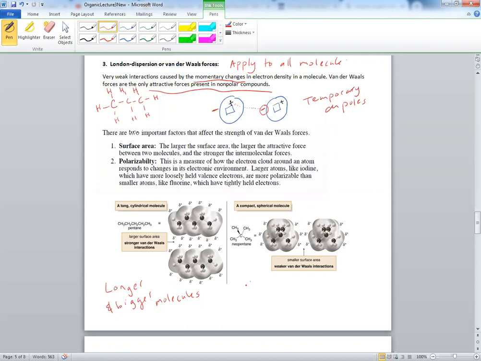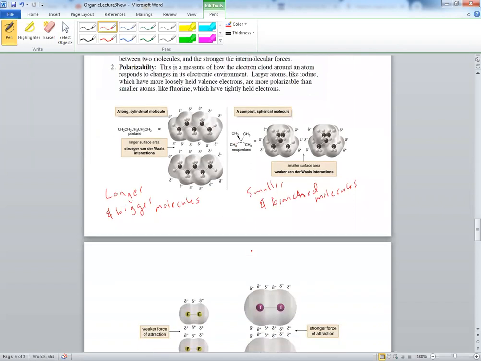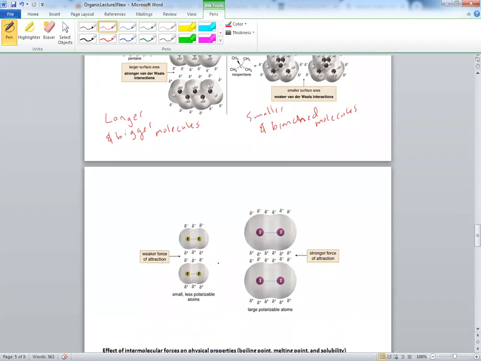These are smaller and what we call branched. So we'll get to it in a second in the next video.